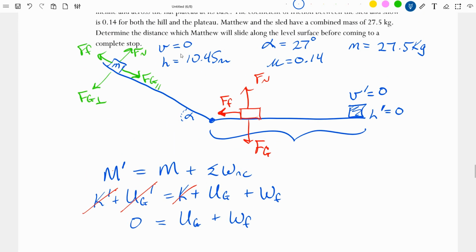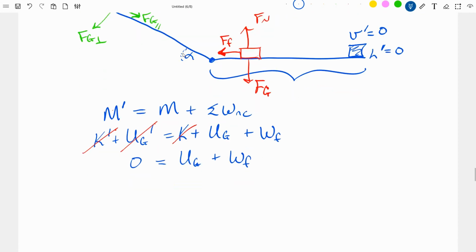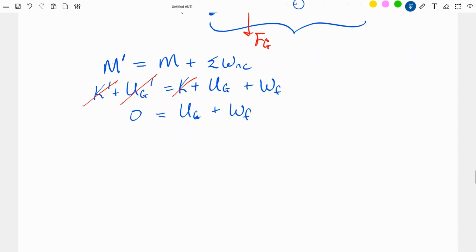Even though friction is a singular force, and it's the one thing that did work here, I do have to break it into two parts, because as I hinted at before, the force of friction does not have a constant size throughout the entire motion. If somehow the friction had maintained a constant magnitude, then I would be okay with doing this in one shot. But because friction changed size, I'm going to need to deal with that.